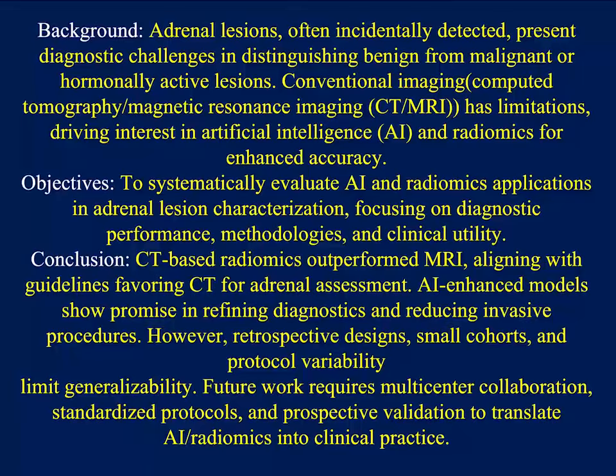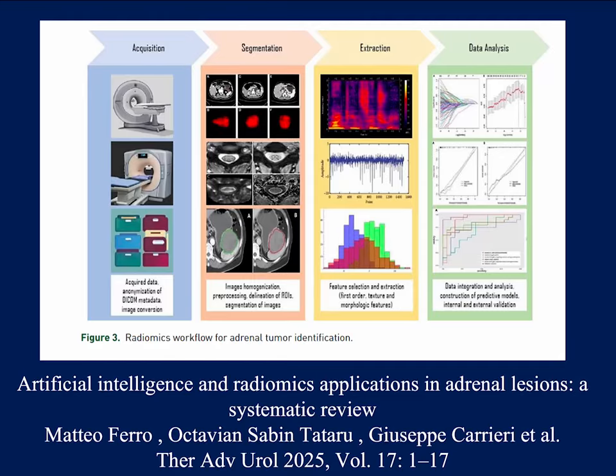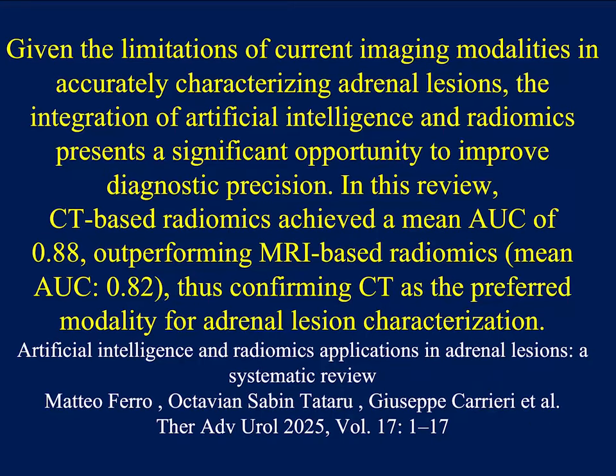In this one article with radiomics, CT-based radiomics outperformed MR, aligning with guidelines favoring CT for assessment. But also, when you start looking at this whole area of AI and radiomics, the possibility of looking at the complicated lesions, the ones where we're not certain of, perhaps AI can be valuable in analyzing.